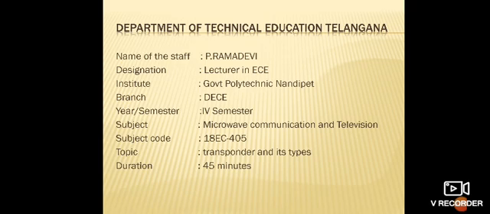Because in our satellite the uplink frequency is 6 gigahertz and the downlink frequency is 4 gigahertz. How can this be done? With the help of the transponder. Once translated to the downlink frequency, it is amplified again, and the downlink signals are transmitted to the receiving earth station. That is the main function of the transponder.